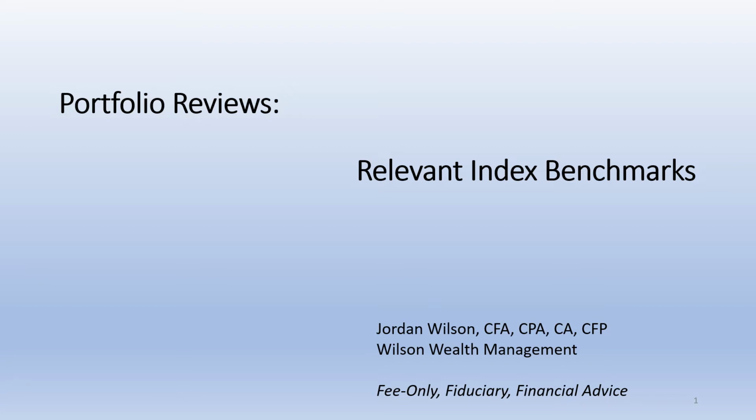Or you might just have an arbitrary number that you choose. You want to earn 10% per annum. You need to earn 6% compounded annually in order to reach $2 million at age 65. But those are kind of apples and oranges with most portfolios unless you're very low risk.